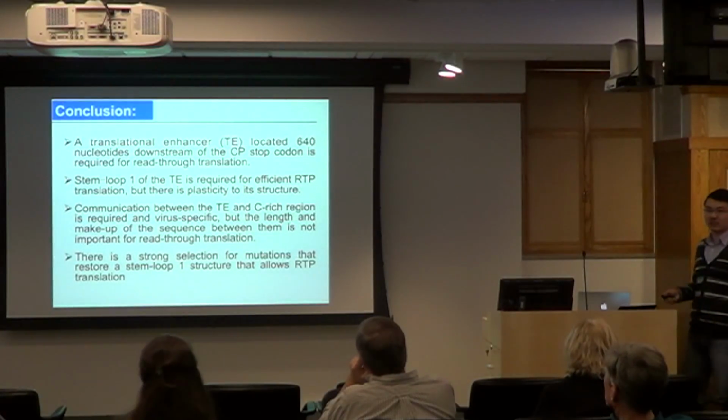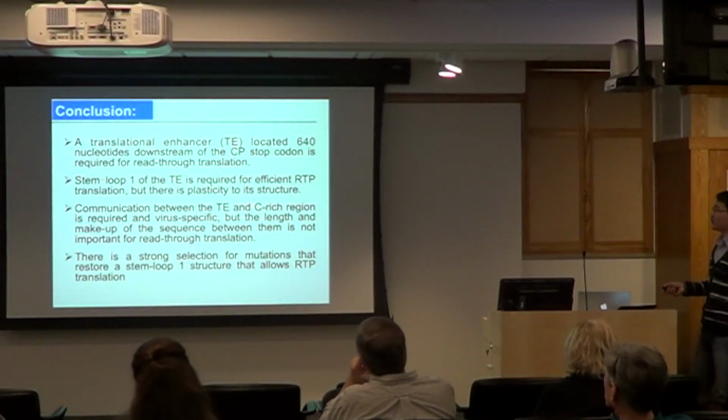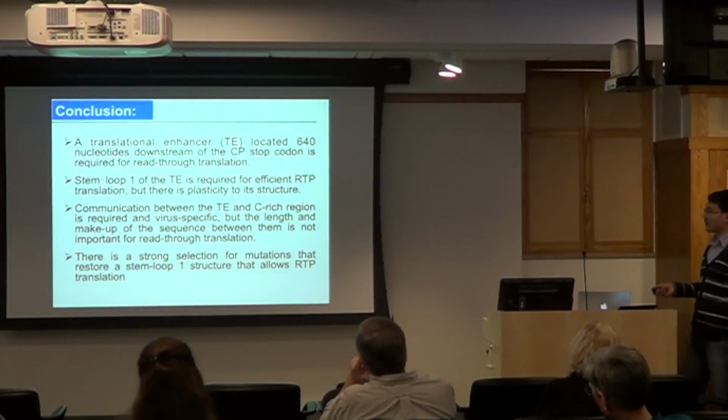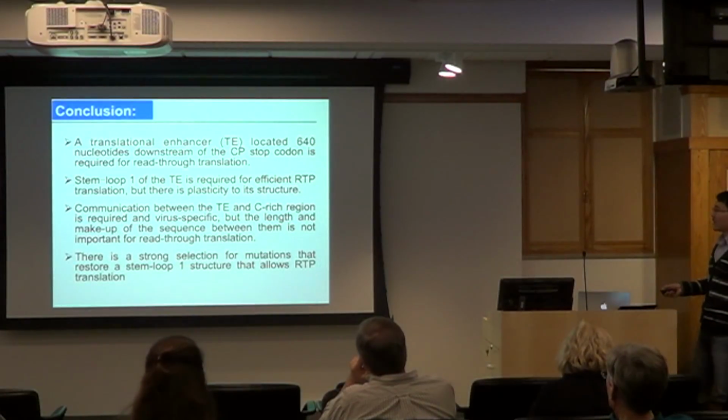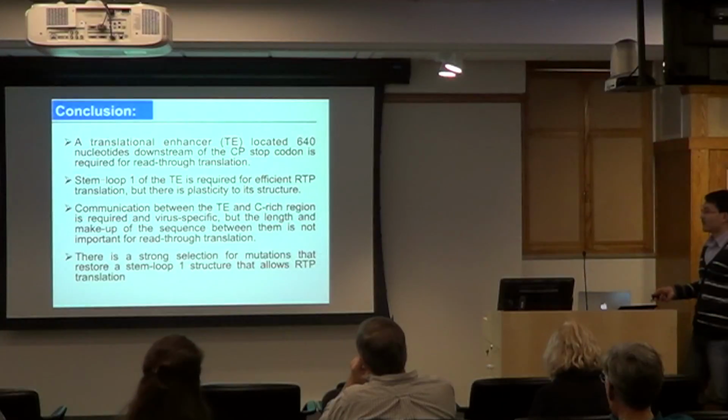Communication between the translational enhancer and the cysteine-rich element is required and virus-specific, but the length and makeup of the sequence between them is not important for readthrough translation. There is a strong selection for mutations that restore a subgroup 1 structure that allows RTP translation.